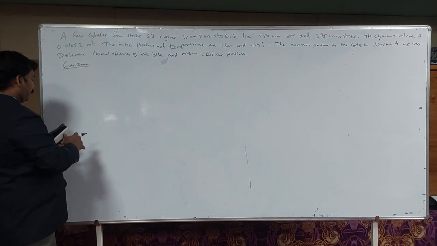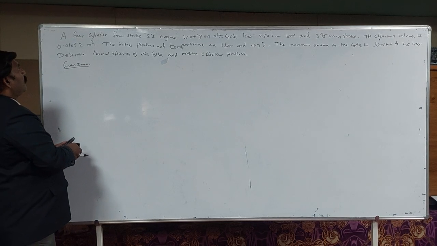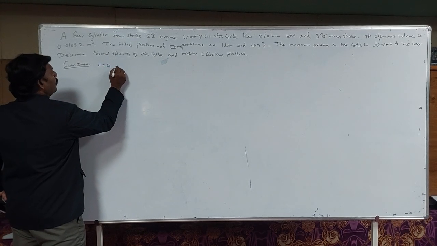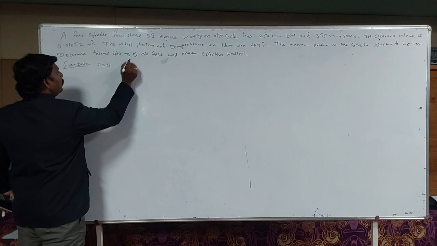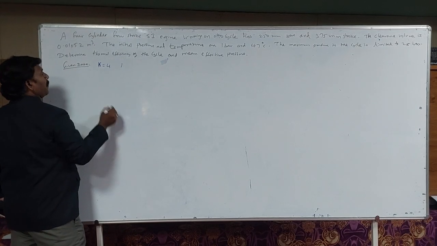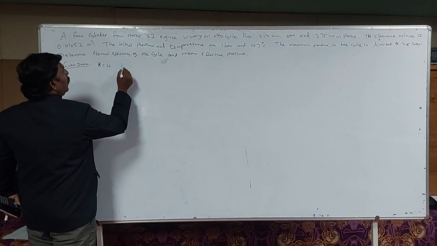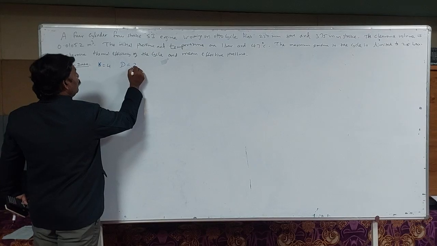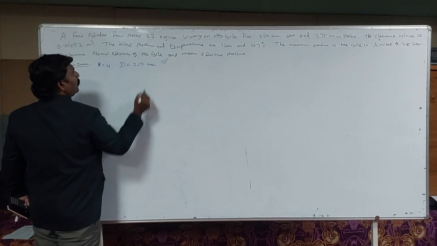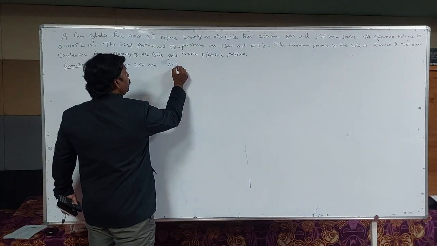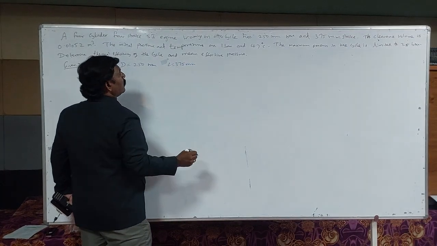Given data, the number of cylinders is 4, and the diameter of the cylinder, that is bore, is 250 mm, and stroke is 375 mm.